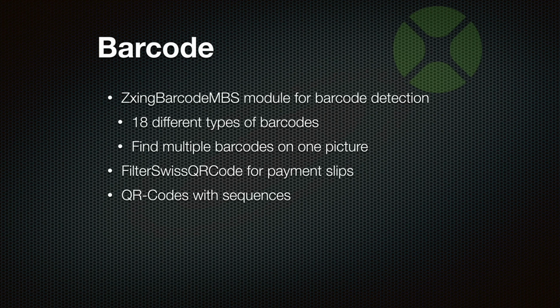And we can now do QR codes with sequences. Several barcode types support that. That means there is a little metadata in the barcode that says it's from a series of barcodes, and this is barcode number 1, 2, or 3. So when you make your invoice for medical things in Switzerland, you're supposed to include an XML. The XML is compressed with zlib. They also have newer zlib functions for that.